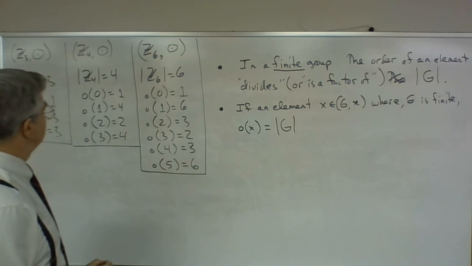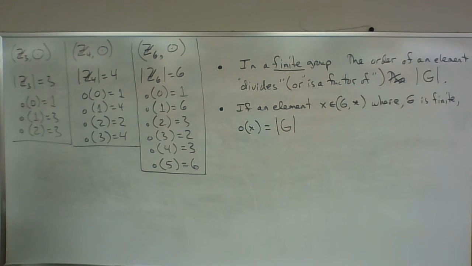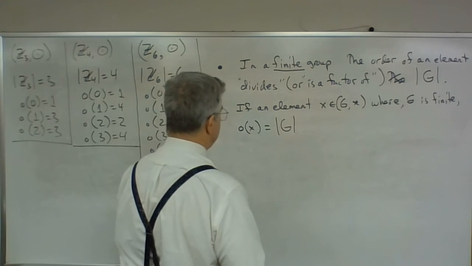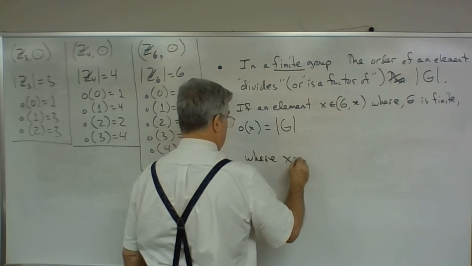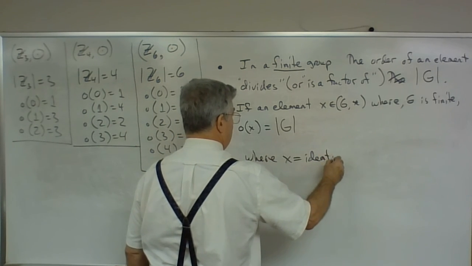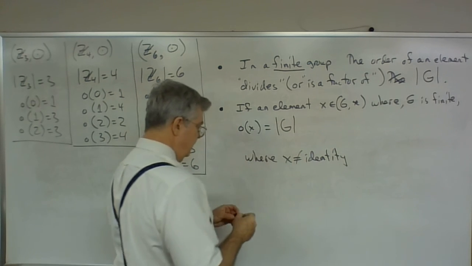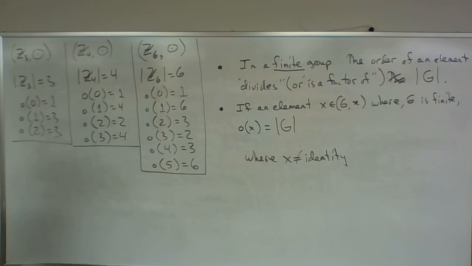Let's see if we can figure this out. 1 and 2 have the same order as Z3. And yep, I'm going to have to quantify this. X is not the identity. But the identity always has order 1.